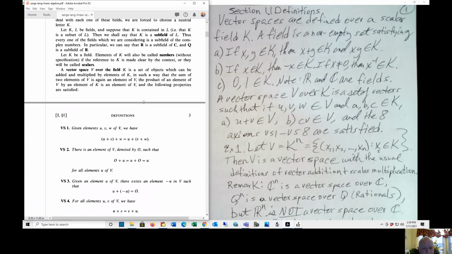So what is a vector space? Well, a vector space V over the field K is a set of elements or objects or vectors, if you will, that can be added and multiplied by elements of the field K, first in such a way that two closure axioms are true.